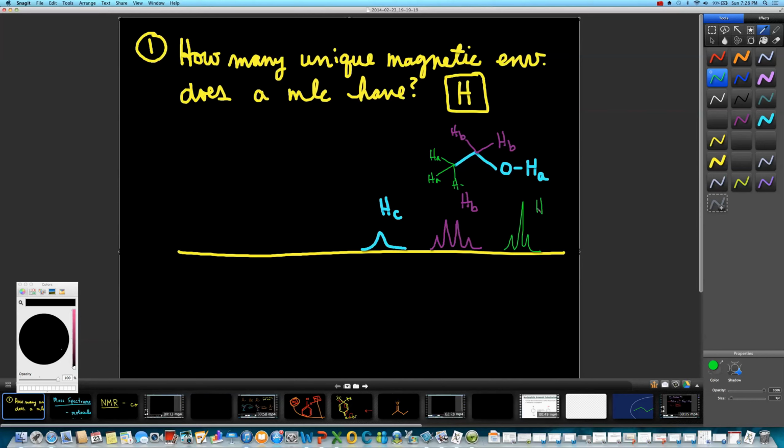And so here is a hypothetical spectrum. There are 1, 2, 3 different types of hydrogen environments in this molecule.